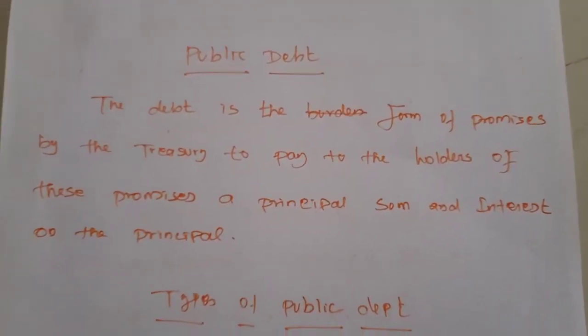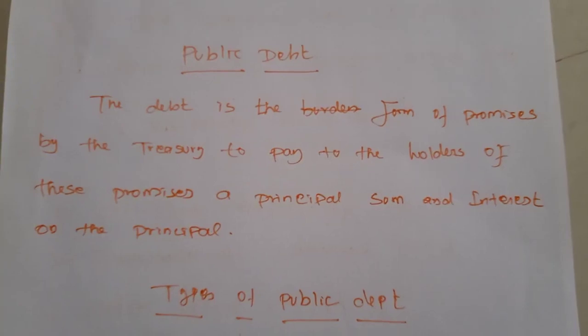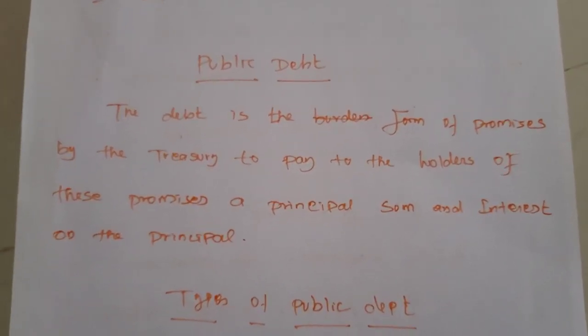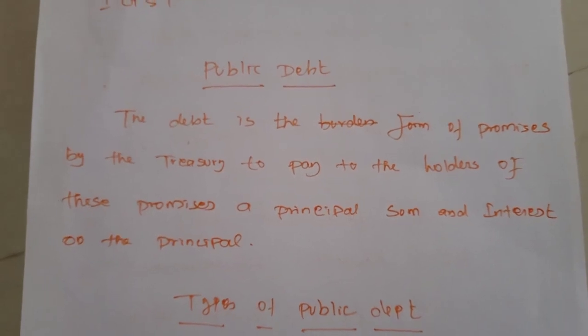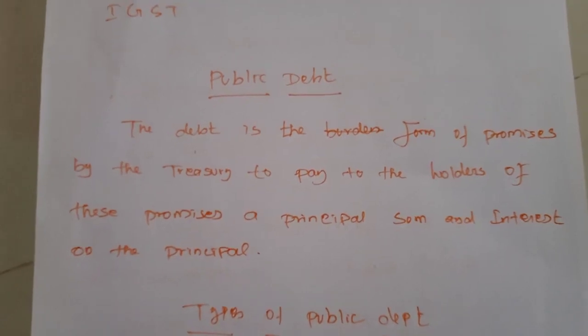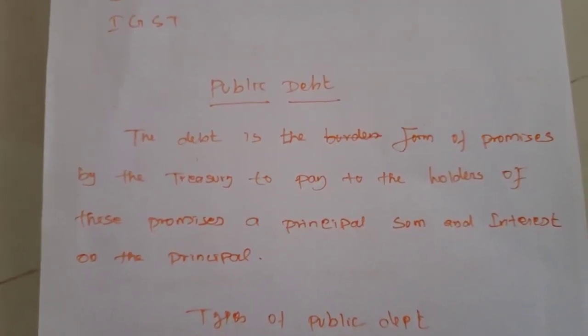As a definition, to understand public debt: the debt is a form of promises by the treasury to pay the holders of these promises a principal sum, and in most instances an increase in the principal.